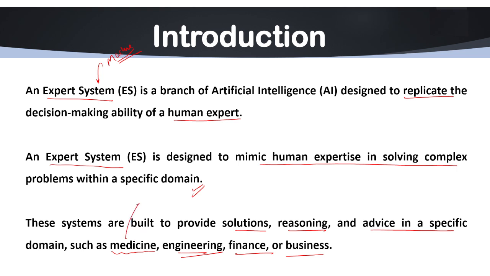For example, in medicine, let's say in XYZ hospital कोई इमरजेंसी केस आया है and all the doctors are not available at that particular moment. But if the hospital is using some AI expert system, then definitely वो एक एक्सपर्ट डॉक्टर का काम कर सकता है at least in emergency cases. I hope everything is clear to you.